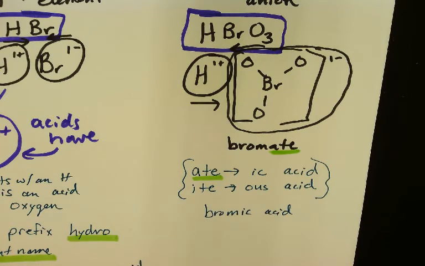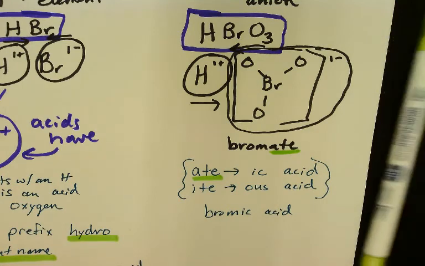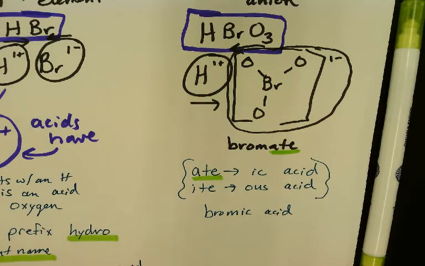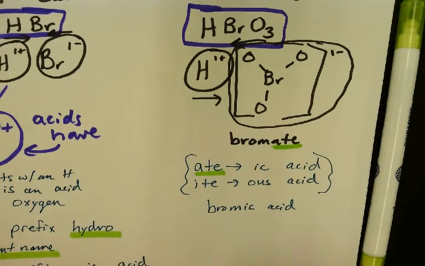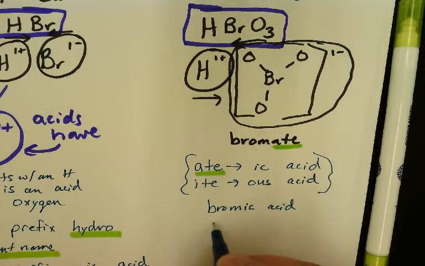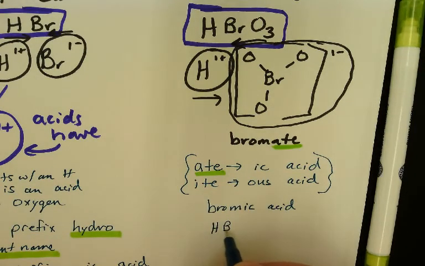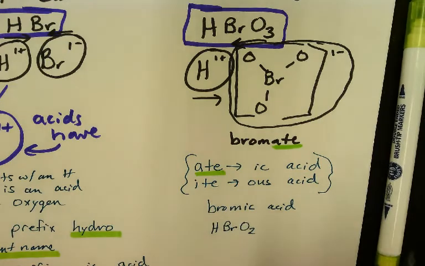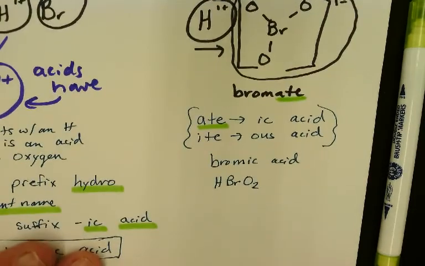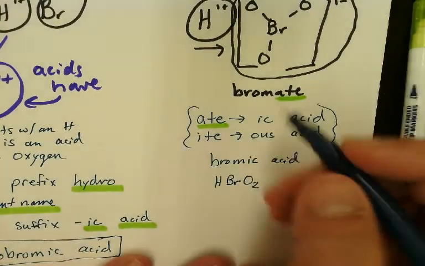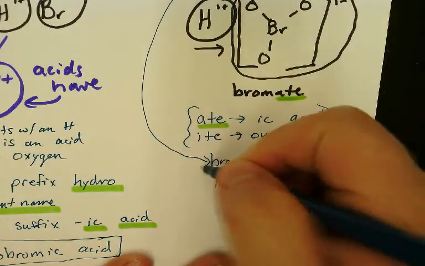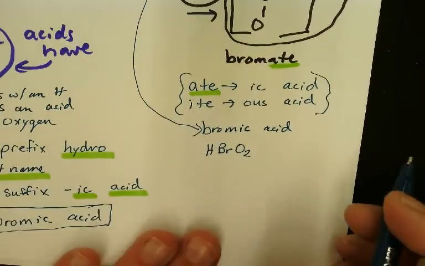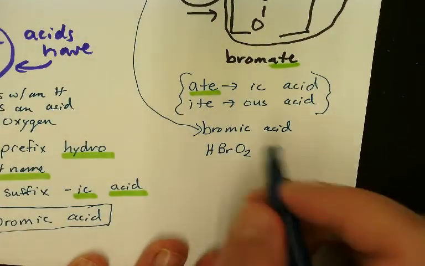Let's try another one. How about HBrO2? What would that one be? So the name of this one is there. What would the name of this one be? What's the name?